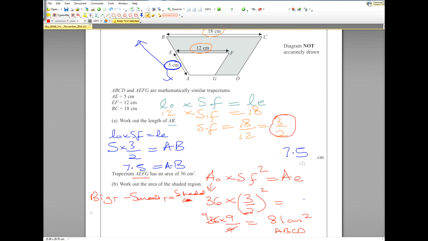So what is the big trapezium? It's 81. What was the area of the small one? 36. 81 minus 36 will give us an answer of? Today would be nice. 45. And that is the correct answer.